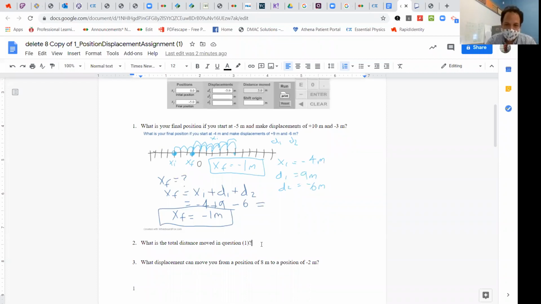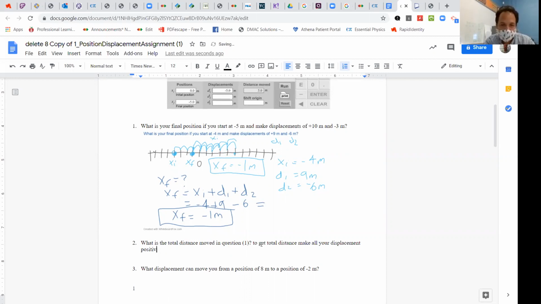So here we could just type, to get total distance, make all your displacements positive, just positive.